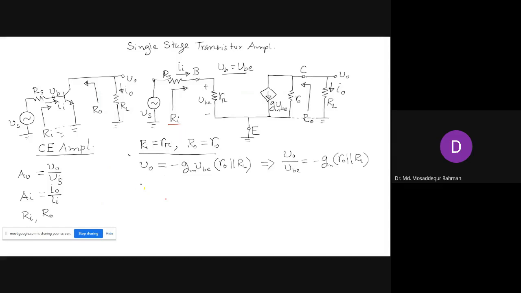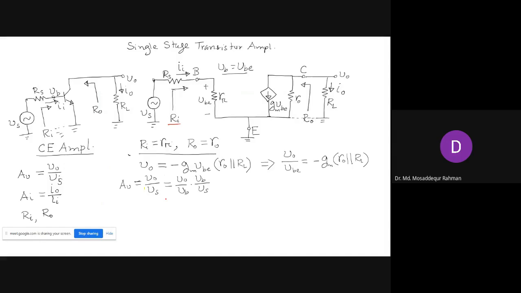So here we can write the gain expression. The overall gain is V naught by VS, and that is equal to V naught by VB times VB by VS. So we can express this as a product of two gains.